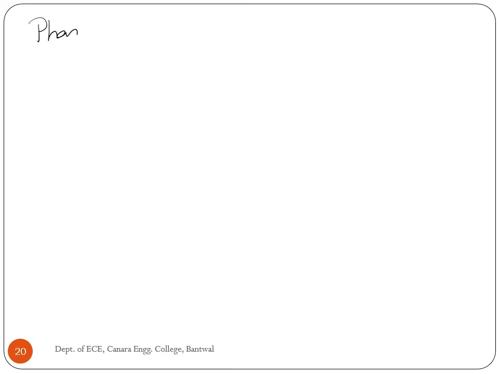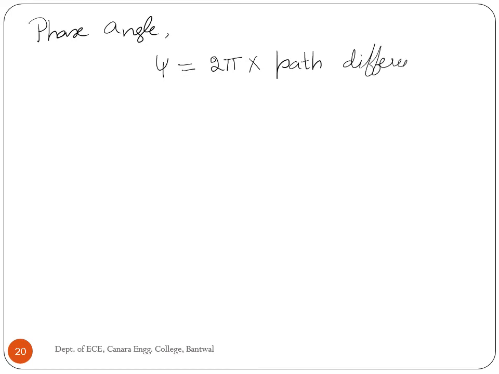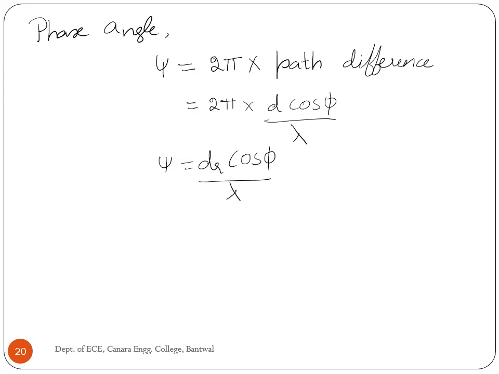Phase angle xi is equal to 2 pi into path difference, which is equal to 2 pi times d cos phi by lambda. Therefore, phase angle is equal to dr cos phi by lambda.